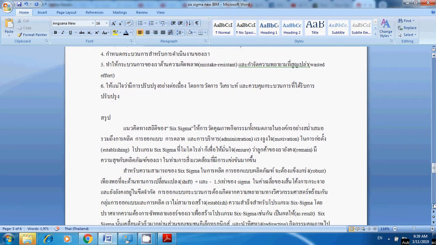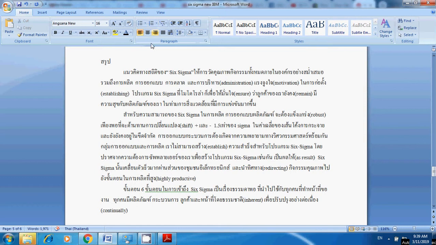Summing up, the concept of a Six Sigma program gives the measurement of quality for activities, all of them in the organization, including production, design, marketing, and administration.